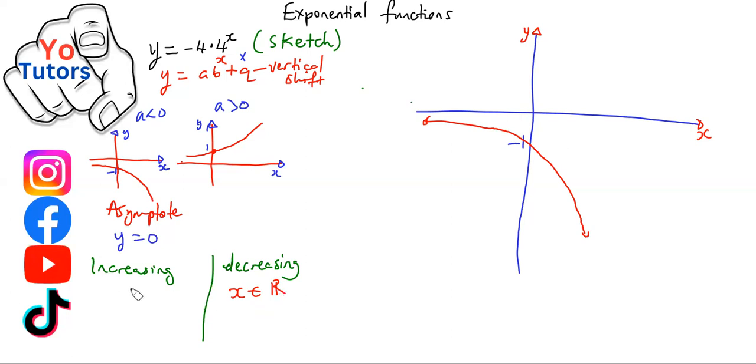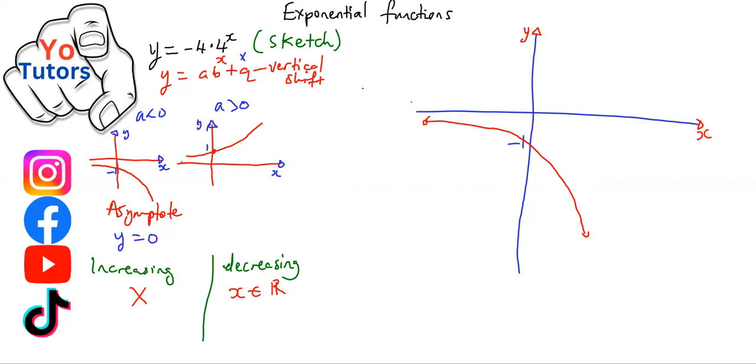It's not increasing because the gradient here is negative. Then when we talk of the maximum, it does not have a maximum and does not have a minimum. The asymptote we have picked, and the shape is a reflection on the x-axis because of the negative. I think everything is here.